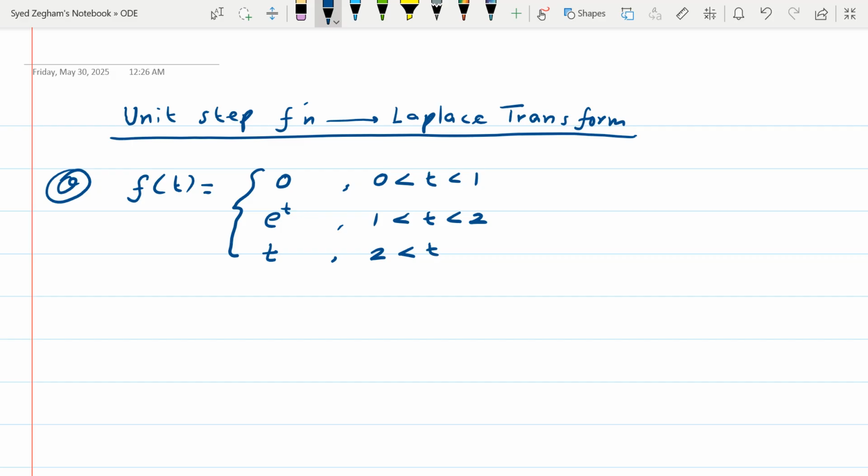And what we want to do is write this function f(t) as a unit step function and then find its Laplace transform.